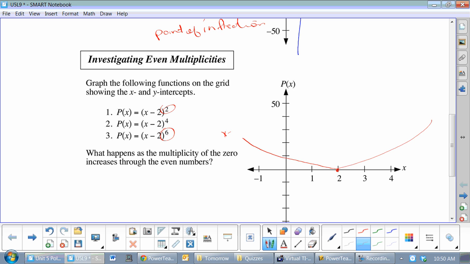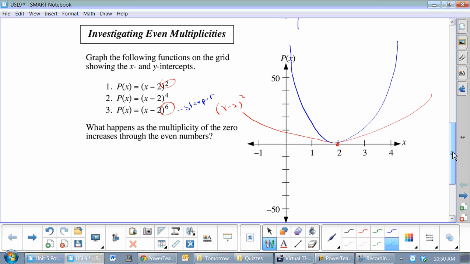That is x minus 2 squared, and you should imagine that if we did graph x minus 2 to the 6, it would be steeper again. Okay, but what do they all have in common? I'm just going to write this as x minus 2 to the 6. What do they all have in common? All graphs bounce at point 2, 0. What is the technical name for bounce? Tangent.